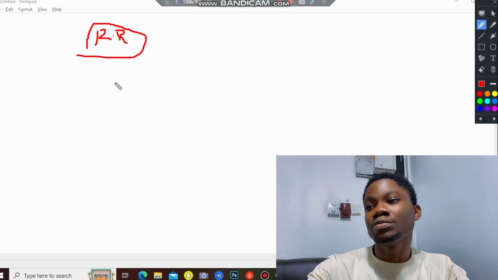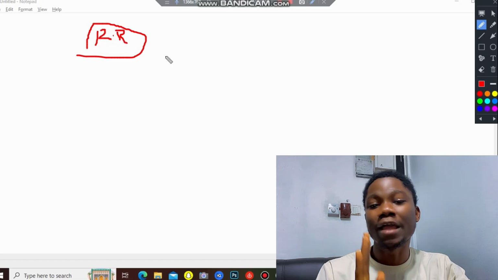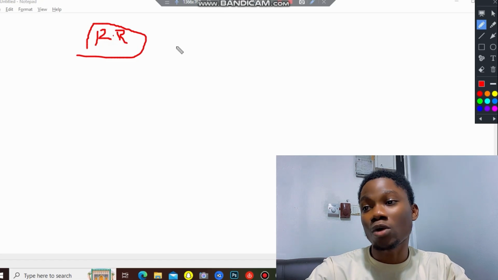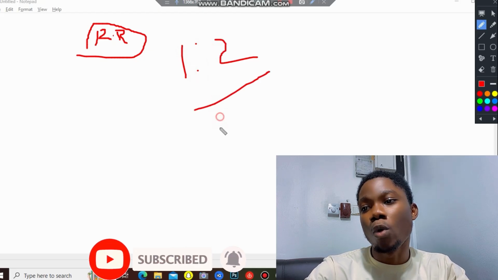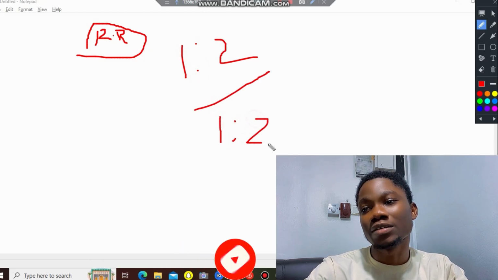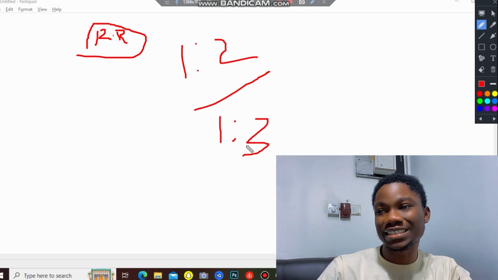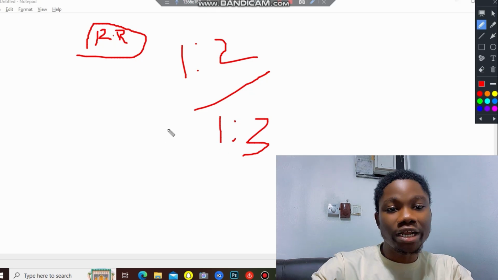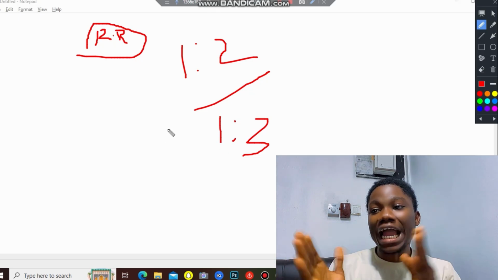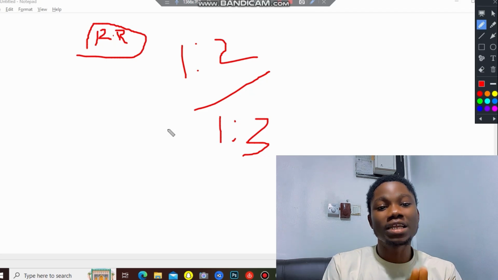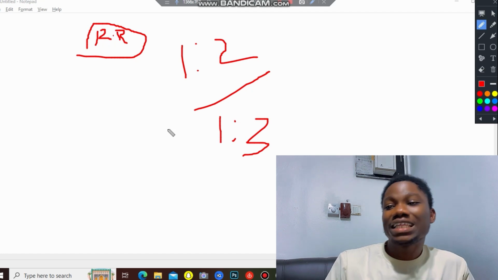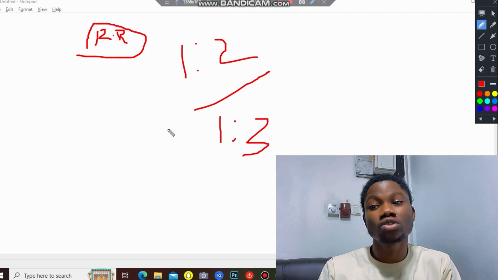Now, what this means is that the formula we have for calculating this is 1:2 or 1:3. What this means is that when you enter into a trade, make sure your target is that you are going to make ×2 of the money that you used to enter, or you make ×3 of the fund that you used to enter.